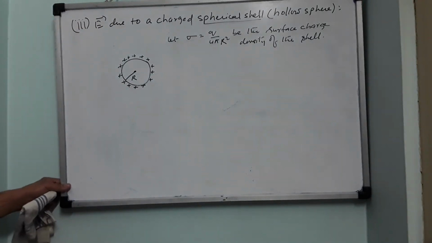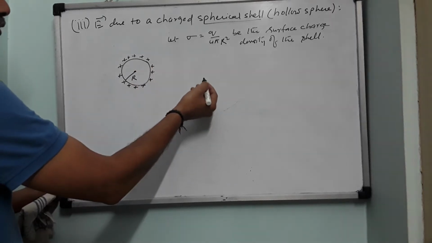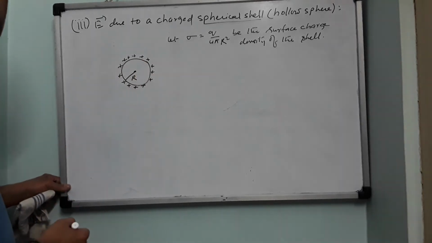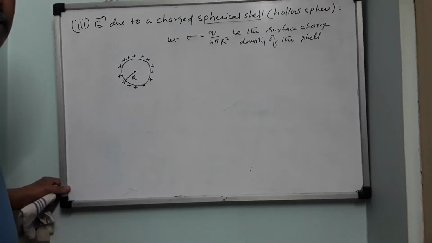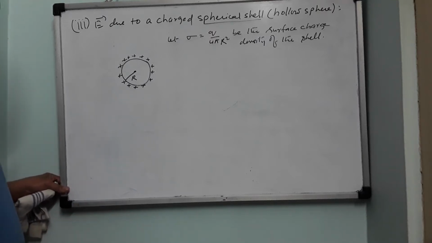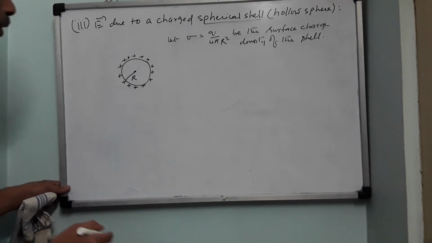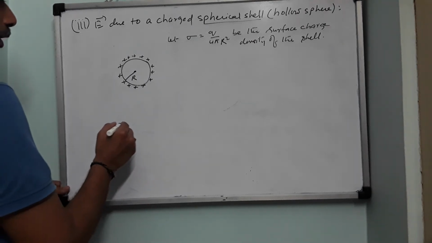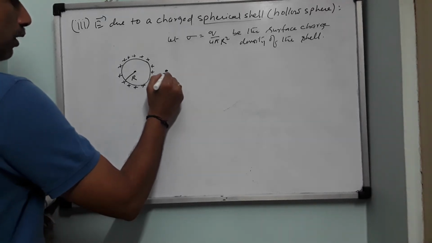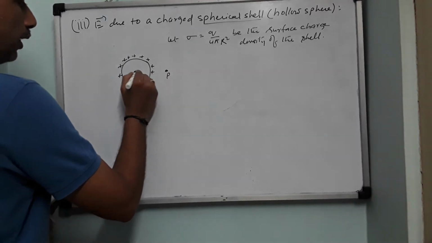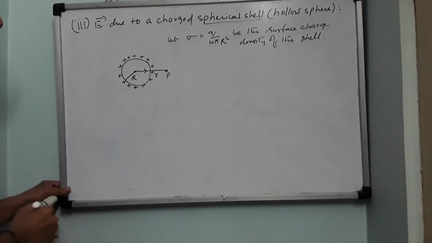Now, to calculate the electric field at any point outside, inside or on the surface, we have to use Gauss law. Gauss law always demands us to construct a Gaussian surface, which is three-dimensional and purely imaginary. As a first case, I will take a point P here, radially directed at a distance r from the center.